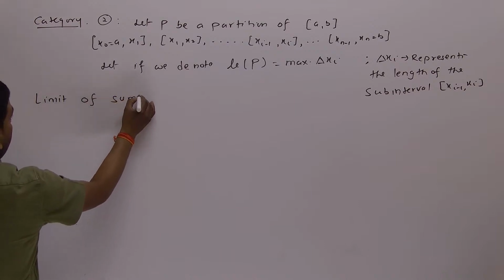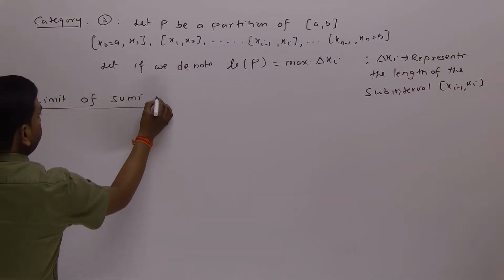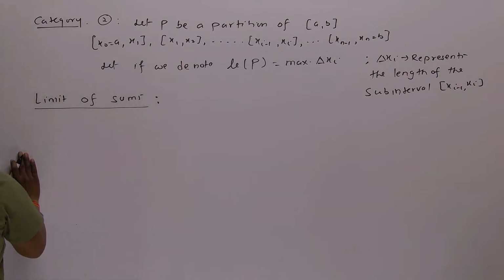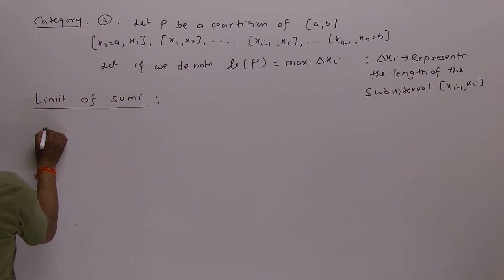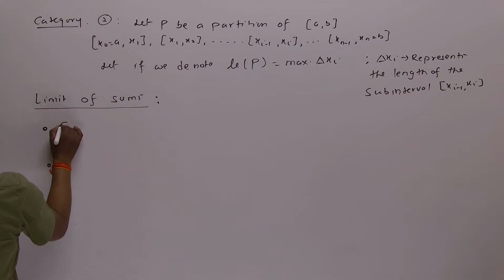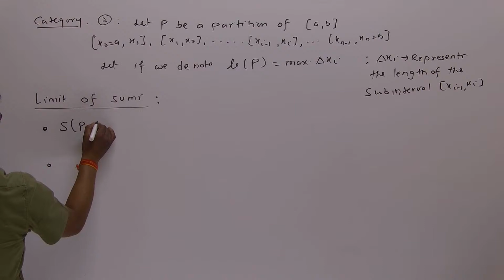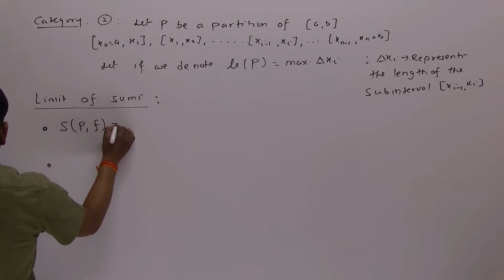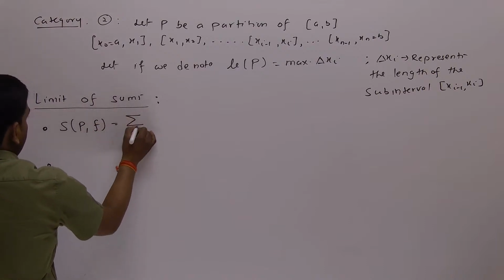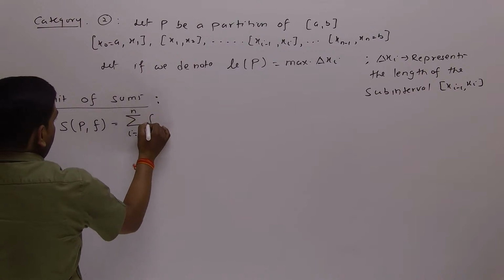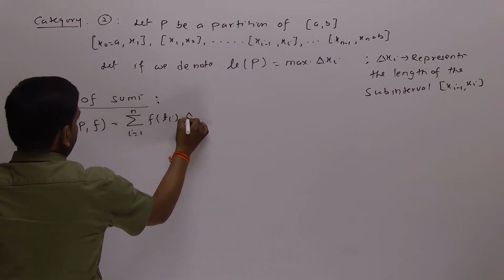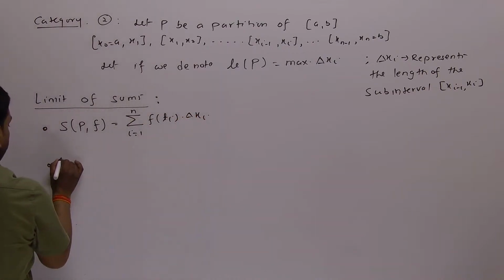Limit of sums. When you talk about limit of sums, you will have two terms here. SPF, that is given by the summation i going from 1 to n of f at pi into delta xi.